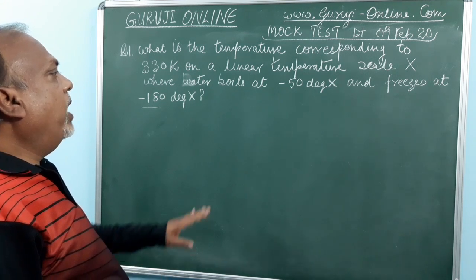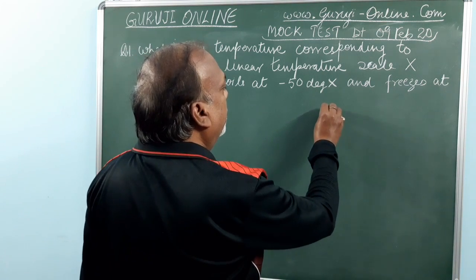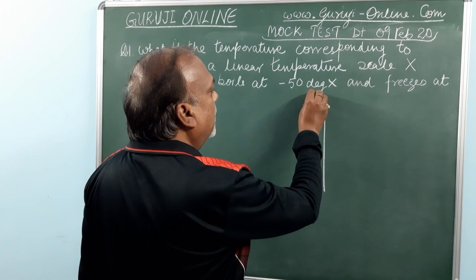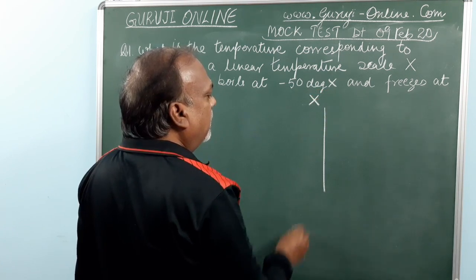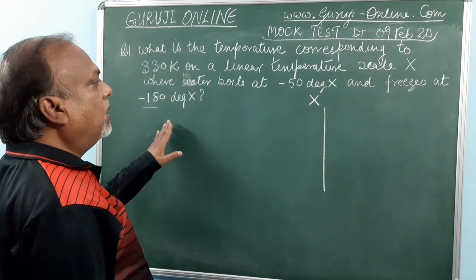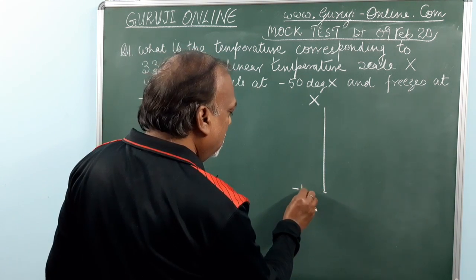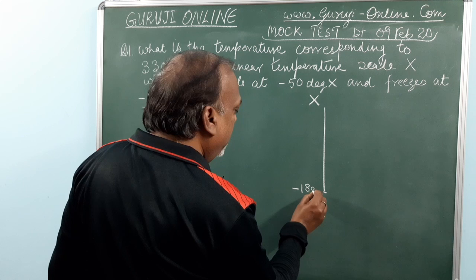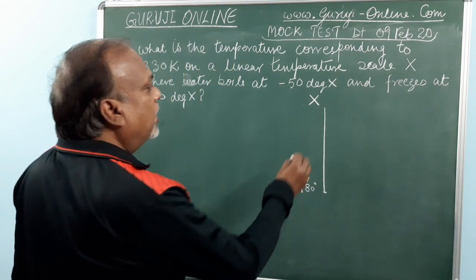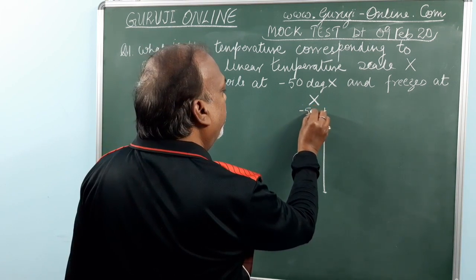So we are given scale X. This is the X scale, where water freezes at minus 180 degrees and boils at minus 50 degrees.